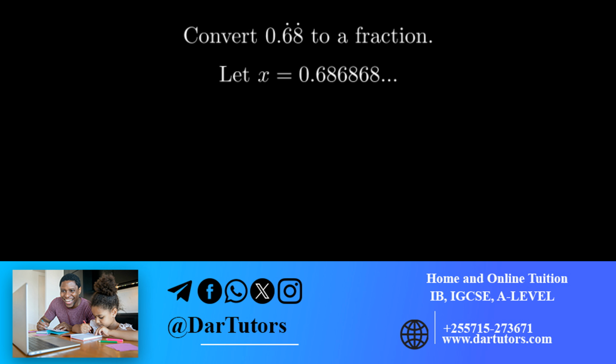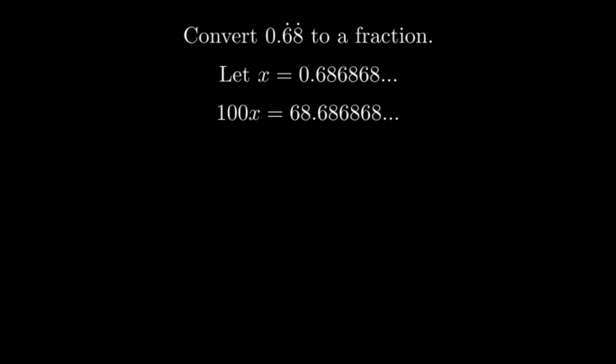We need to shift the decimal point 2 places to the right. To do that, we multiply by 100. So, 100x equals 68.686868 recurring. Notice how the part after the decimal point, the 0.686868, is now identical to the decimal part of our original x. This alignment is key.